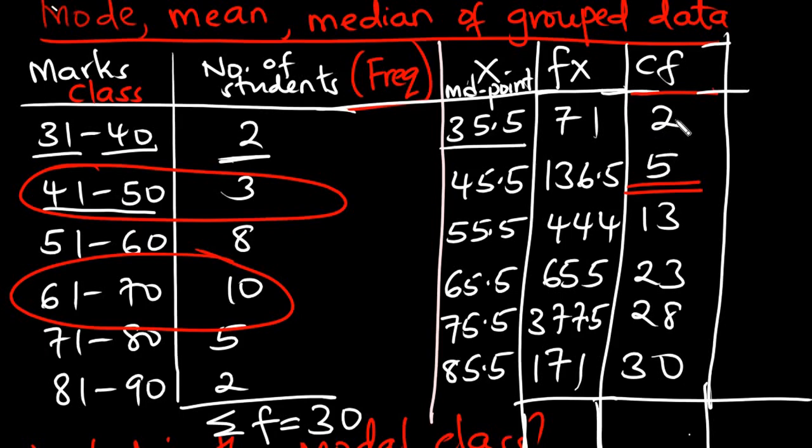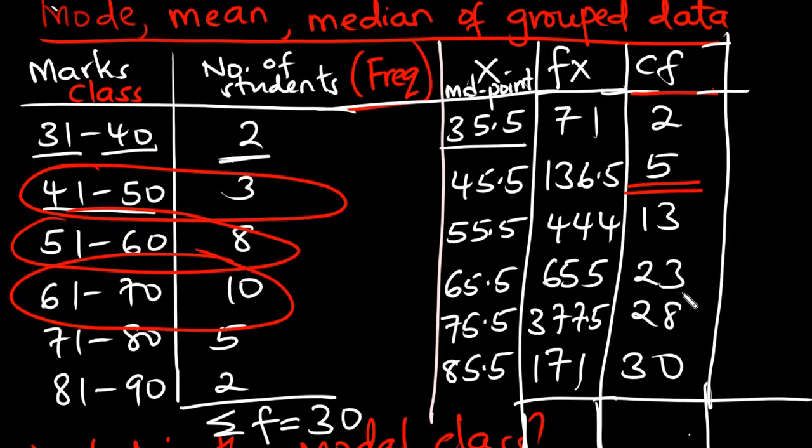So there are 2. Then up to this second class, we are up to position 5. Then all from position 6 to position 13, they are in this class, that is 51 to 60. Then from 14 to 23, they are in this class, which is 61 to 70.